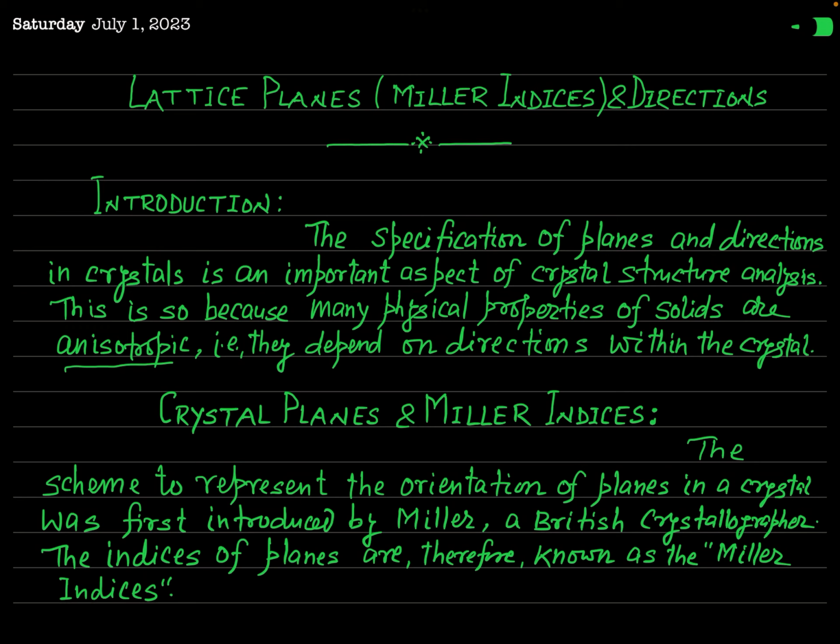Okay, so I have mentioned it here. You can see that the scheme to represent the orientation of planes in a crystal was first introduced by Miller, a British crystallographer, and the indices of planes therefore are known as Miller indices.